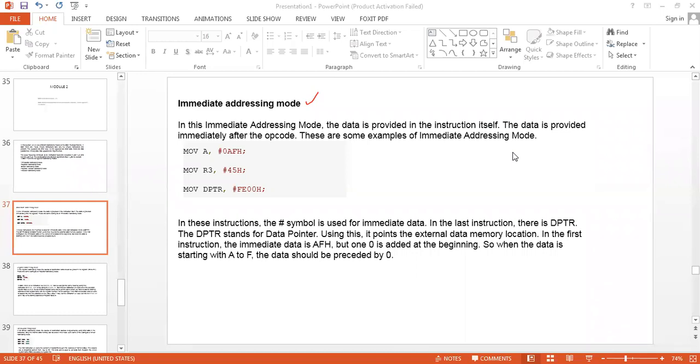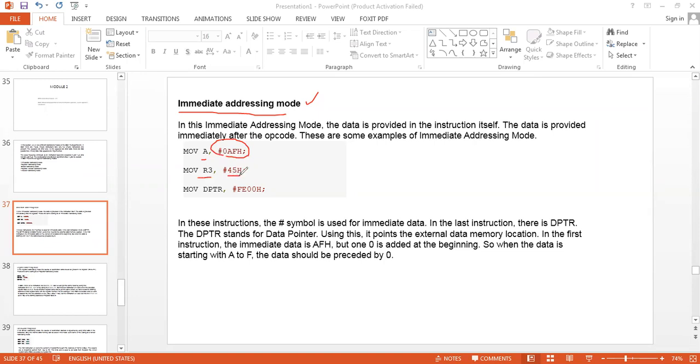Please explain the last instruction once again. Okay. So the immediate addressing mode. According to this, what will happen? This is a 1 byte storage. A register is a 1 byte register, so I can store only 1 byte of data. R3 is also a 1 byte register.